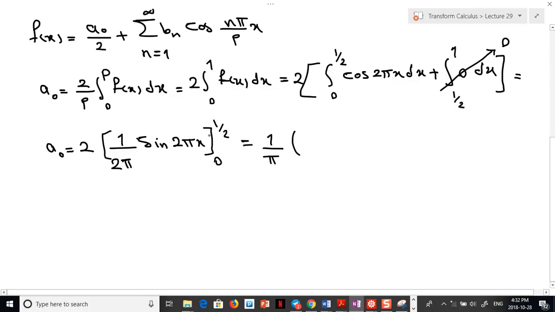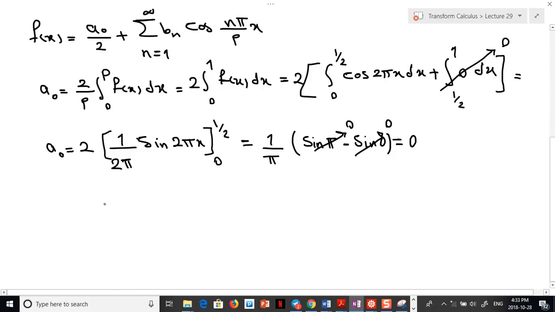When I apply the upper limit, we have sine pi. When I apply the lower limit, we have sine 0. So sine pi is equal to 0, and sine 0 is equal to 0. As a result, a0 is equal to 0.